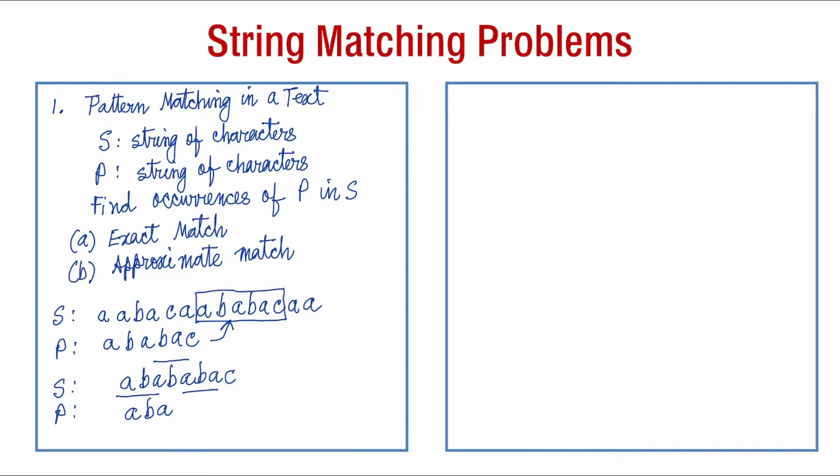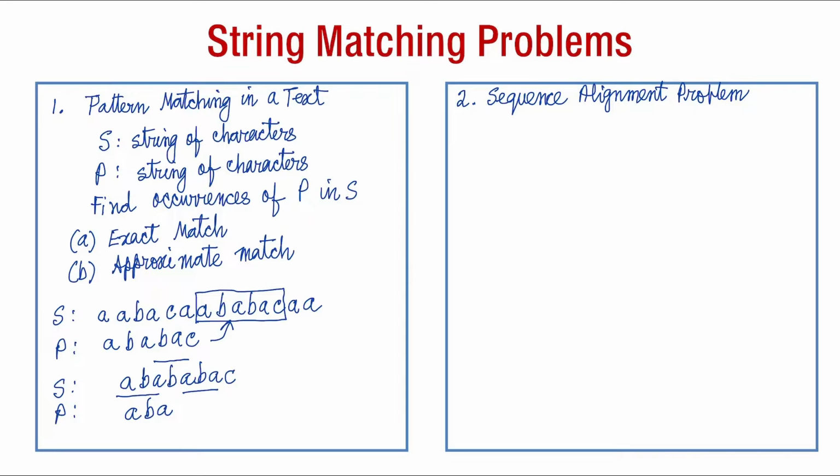The other problem, which is typically a pattern recognition problem but of a different kind, is what is usually known as the sequence alignment problem.